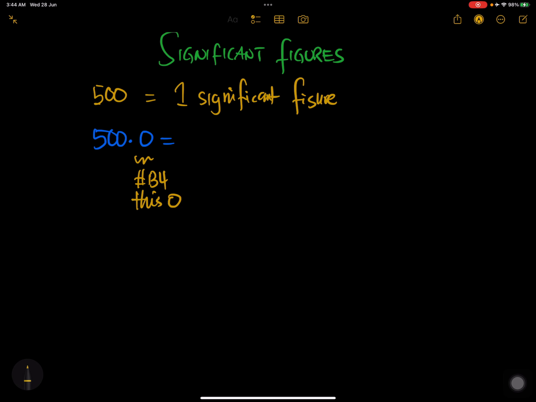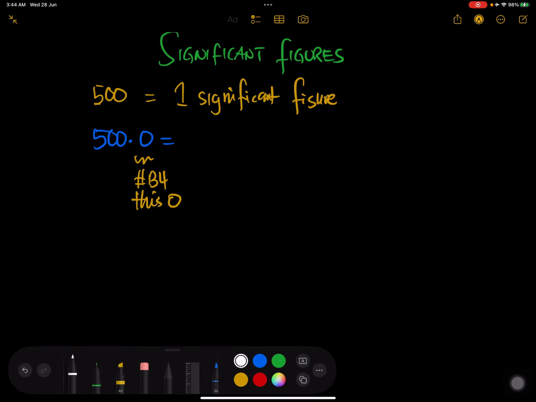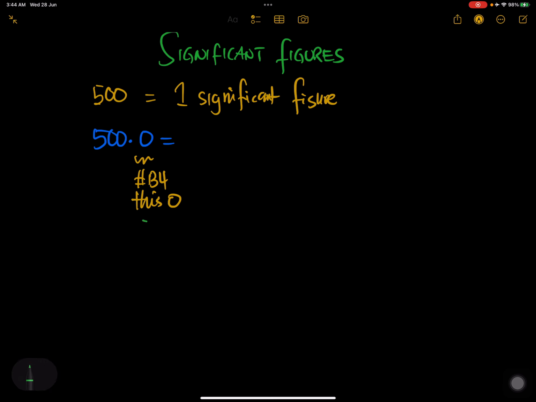How many numbers are before the zero? They are 500. There are three numbers, 5, 0, and 0, and that gives us three significant figures.